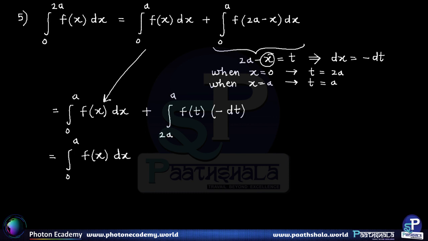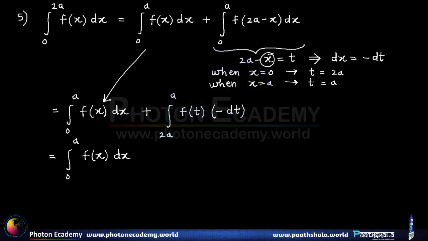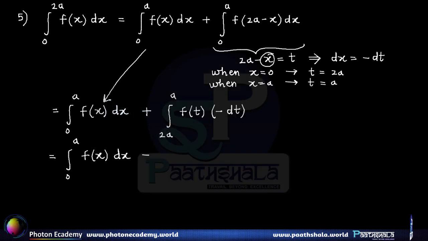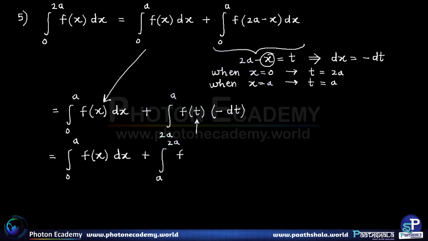So therefore, okay, I will change the minus sign and we will write the reverse limits, that is a to 2a, because we have removed the minus sign. And now in place of t we can change the variable and write x so that it won't change the value. So yeah, we get f of x dx.